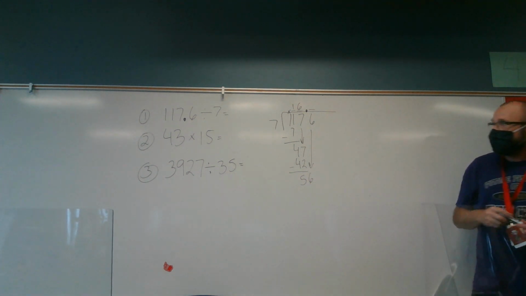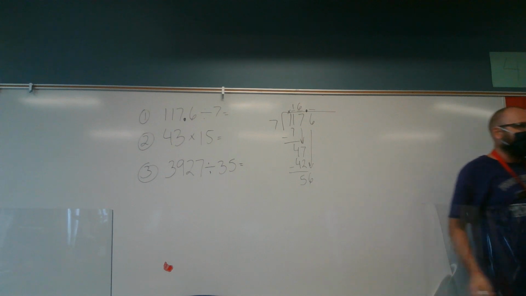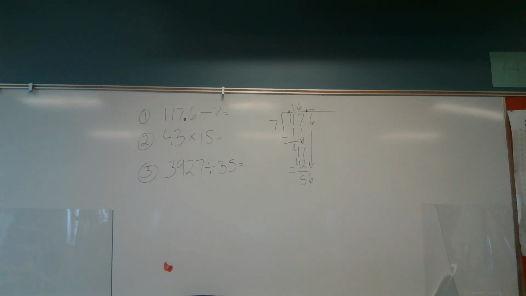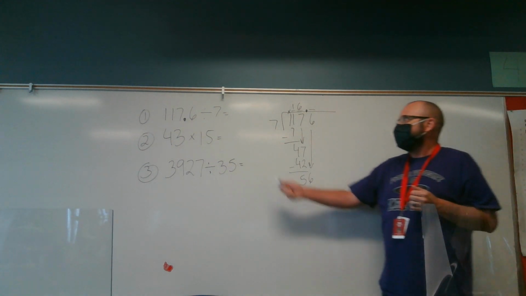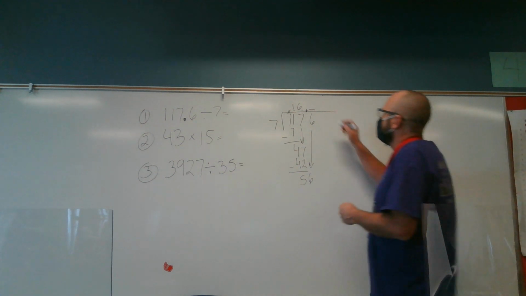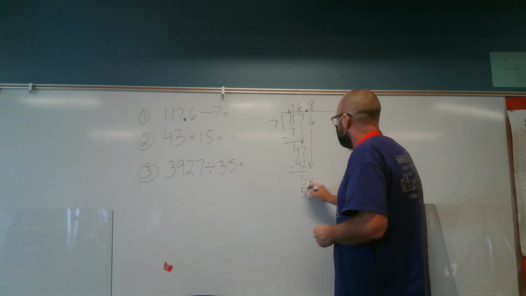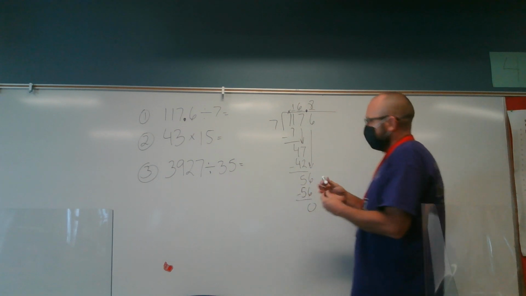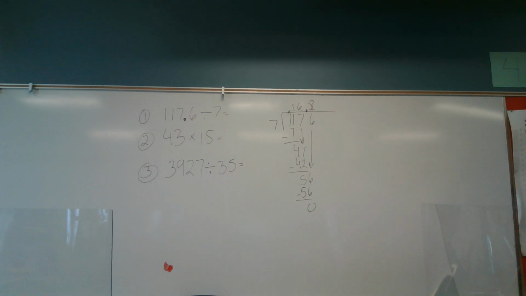Then I bring down my 6, so this number is going to be in my 10th place. How many times does 7 go into 56? 8 times. And 8 times 7 is 56. And so my answer is 16 and 8/10.